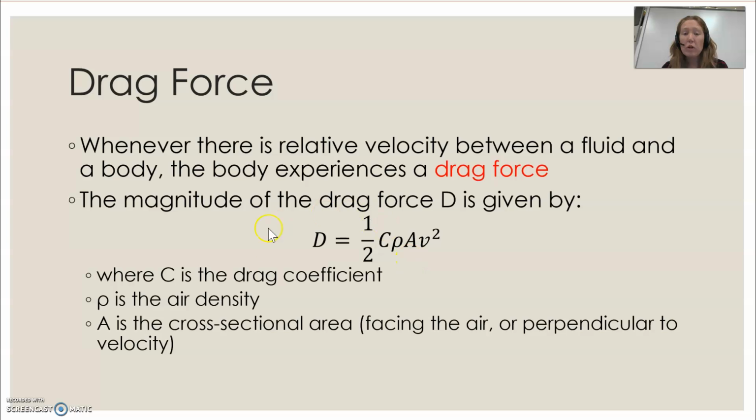Now, your book is giving this model of drag force, where it is proportional to a drag coefficient, and in this case it's giving air as the fluid, so it's giving air density, cross-sectional area, like what's the surface area of the baseball or softball, and that matters, right?